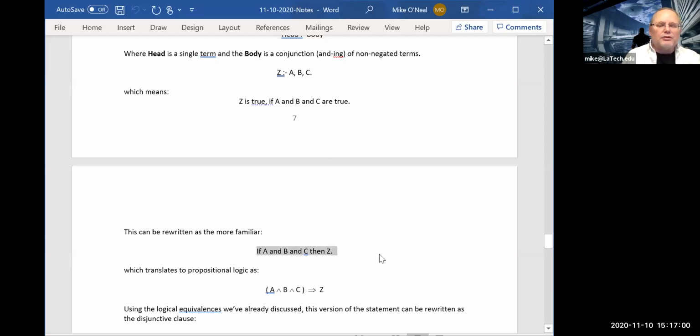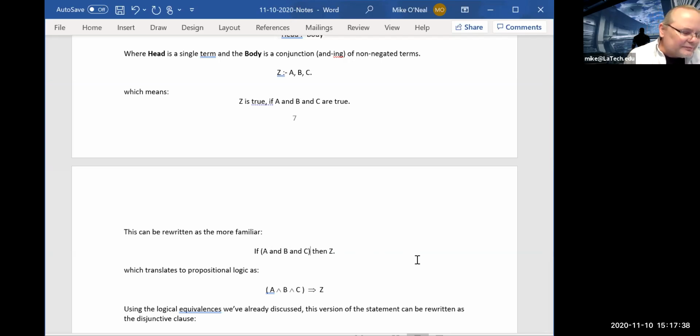So let me flip it around. If A and B and C are true, then Z is true. These all mean the same thing. Z if A and B and C, Z is true if A and B and C are true. If A and B and C are true, then Z is true. While I don't have it here, a lot of times we could just add parentheses, because everything that you and together before the then is a statement.